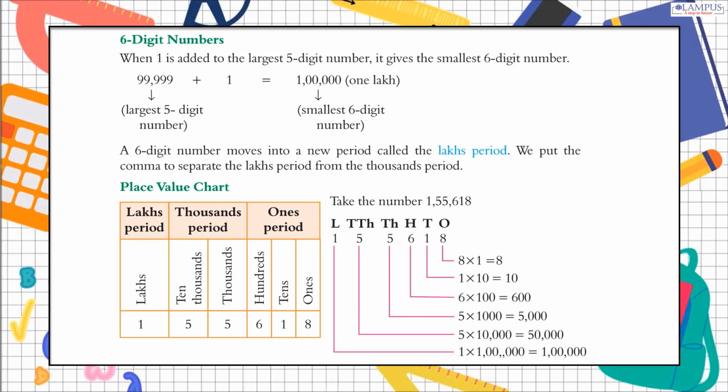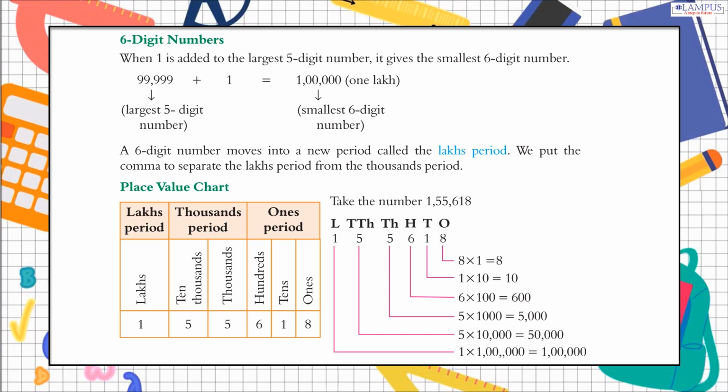A 6-digit number moves into a new period called the lakhs period. We put the comma to separate the lakhs period from the thousands period. Place value chart. Take the number 1, 5, 5, 6, 1, 8. Ones period, thousands period, lakhs period.